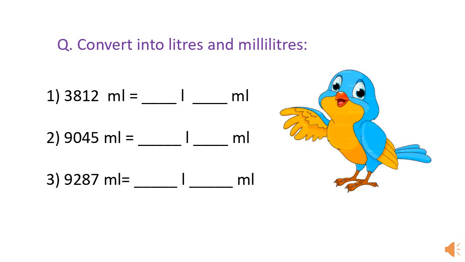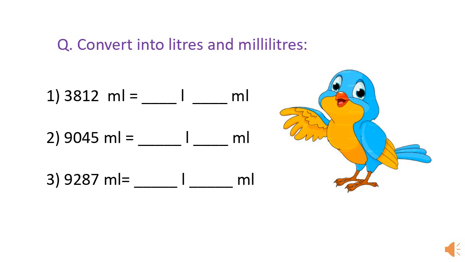Now see this question, it is for self practice. Convert into liters and milliliters. See the first question, 3812 milliliters is equal to how many liters and how many milliliters.